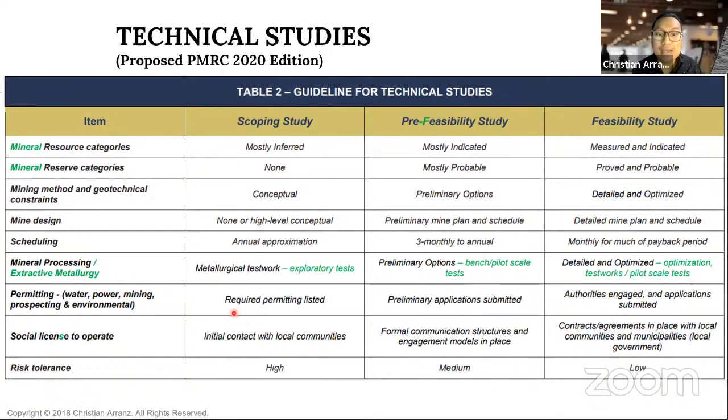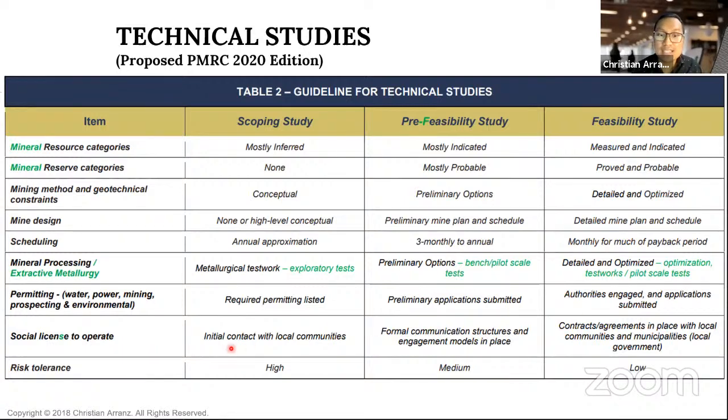For permitting, required permitting is listed in scoping. Ibig sabihin, lahat ng possible na permits, ililista nyo lang muna. Tapos habang you go to feasibility, you are already working on those permits, okay? Even if feasibility study siya, many of the permits are already submitted, applications are already submitted, and authorities are already engaged.